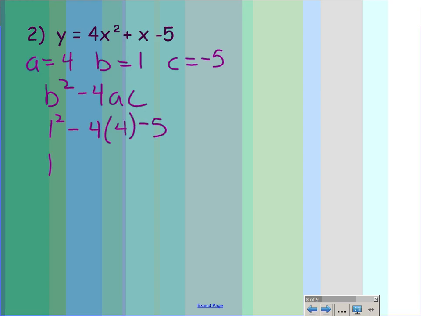Negative 4 times 4 is negative 16, and it's a negative 5, so that's going to give me a positive 80 and 81. So right away, 81 is greater than 0. So that tells me that we're going to have 2 solutions to this problem.